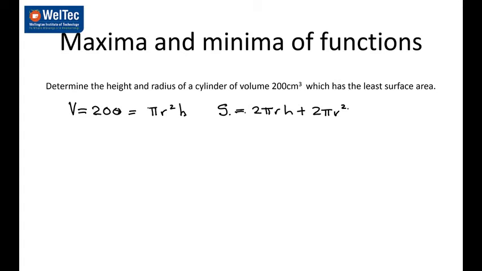What we'd need to do to find the least surface area would be to find the derivative of S with respect to, well, r or h. Let's find it with respect to r, but our surface area relationship has h's and r's in it. So we need to go back to the volume statement, which is a fact, and find that h is equal to 200 over pi r squared.